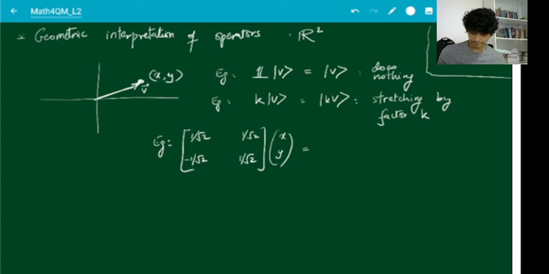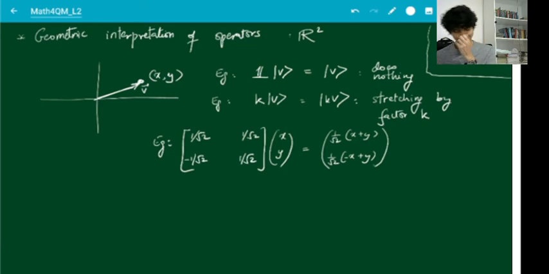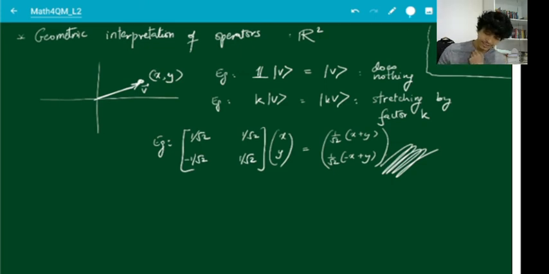This becomes 1 over root 2 (x plus y), 1 over root 2 (minus x plus y). So it has taken my original vector v and turned it into some other vector v prime. If you try to plot this vector, what you will find is that it is just this original vector v but rotated by an angle 45 degrees.